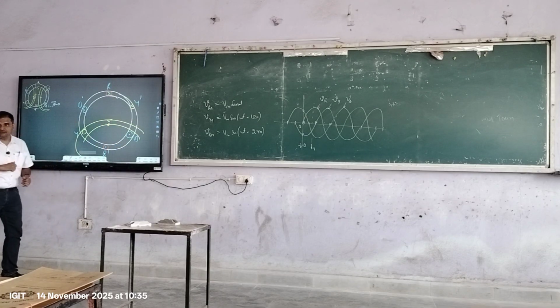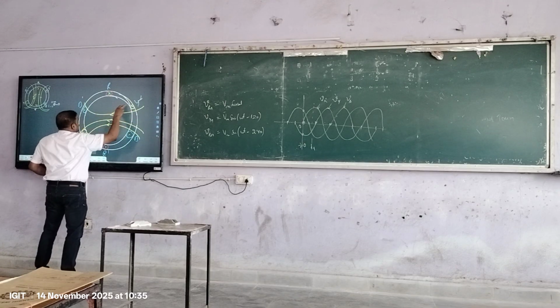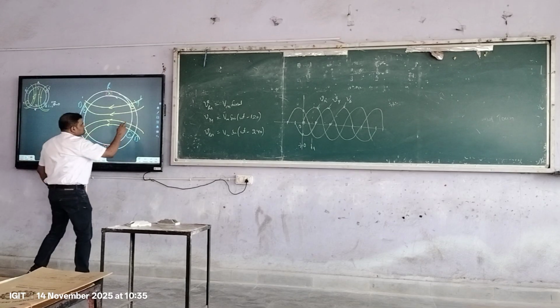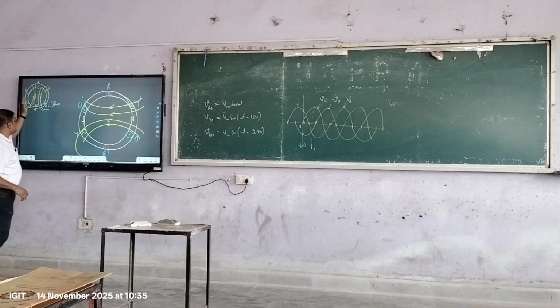Is it okay? And in the cross, is it okay? So where is the north pole now? So what happened in time t1, the north pole at this place, right?